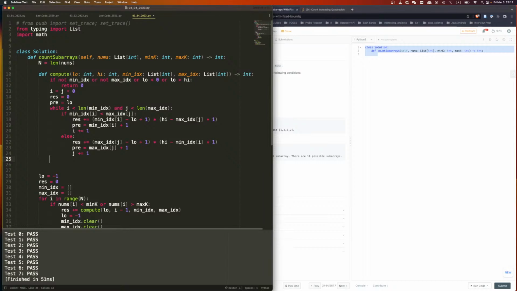Okay, so what does that mean? Someone is exhausted. That means we have one at the back, one at the front, boom, done. So there's no more. Then we just return res.